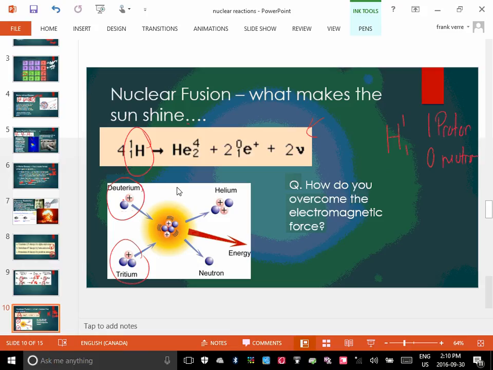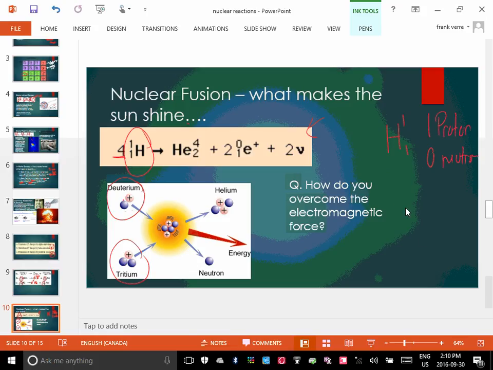Now, H1 is how many protons? 1 proton. If I have 4 of them, then that's 4 protons, right? But how many protons does helium have? 2. Okay, that means that 2 of the protons were converted into 2 neutrons.